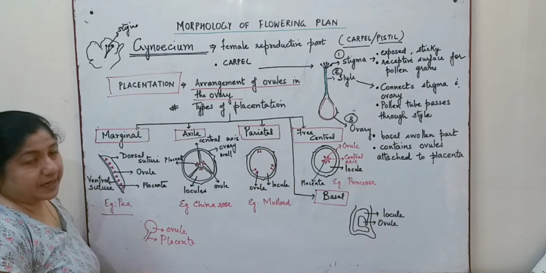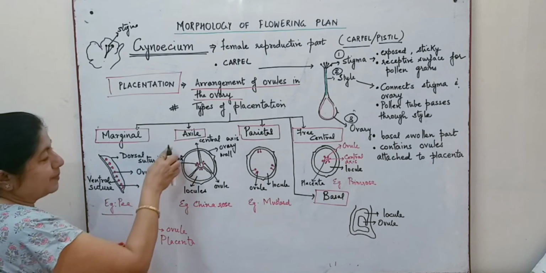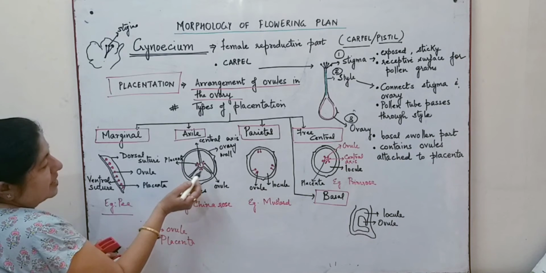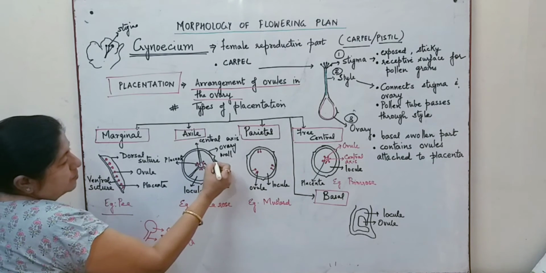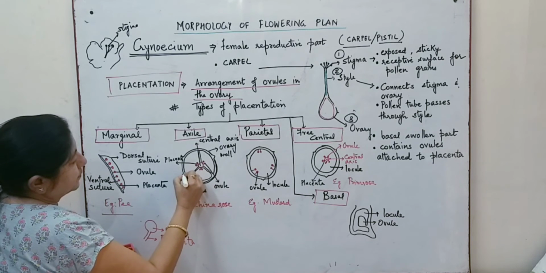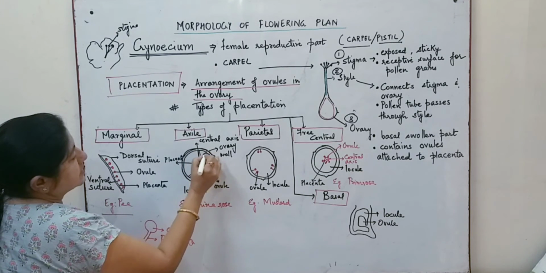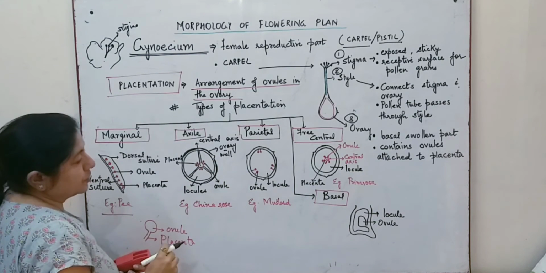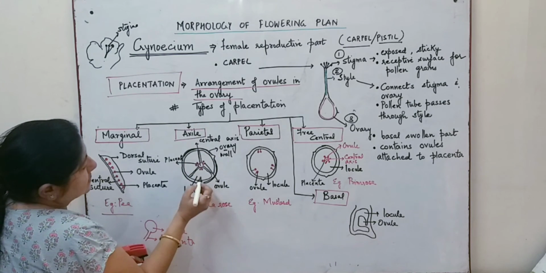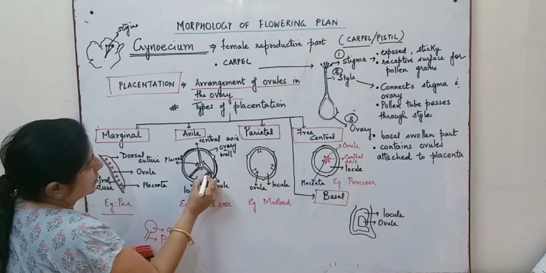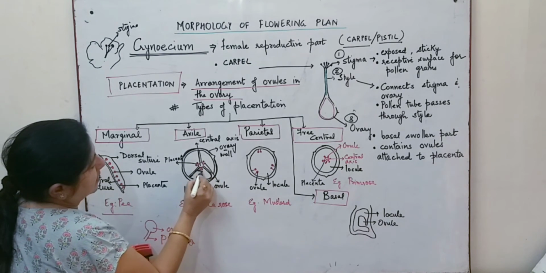The second type is known as axial placentation. In the axial placentation, the outermost wall which is seen over here is the wall of the ovary. Inside we can see the chambers, which I am making slightly dark over here.